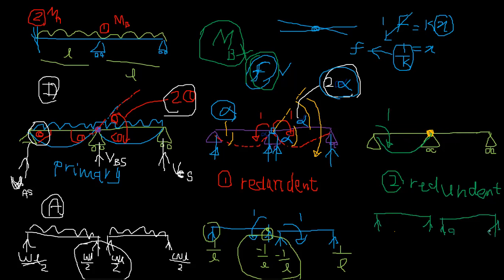Why? This part is separated now. So if you apply 1, this is 1 over L, and this is minus 1 over L, right? Minus 1 over L. Okay. So you can take bending moment about this point. This is 1 bending moment. 1 is equal to this force, which is not coming, this force into L.